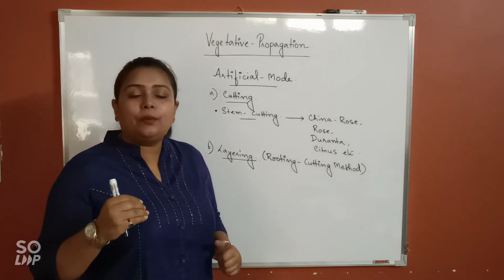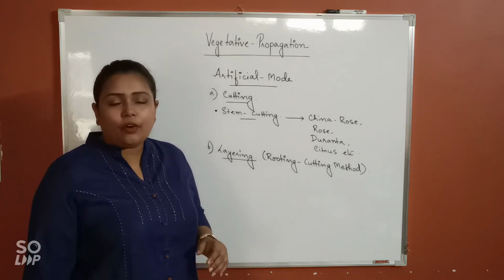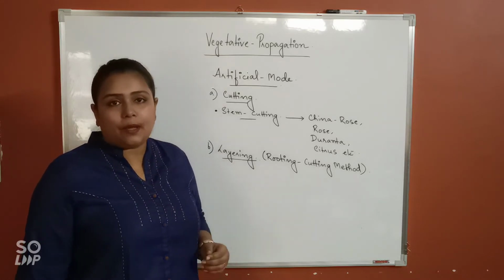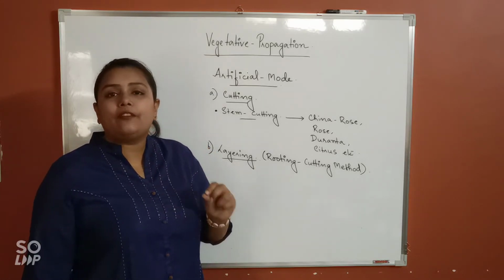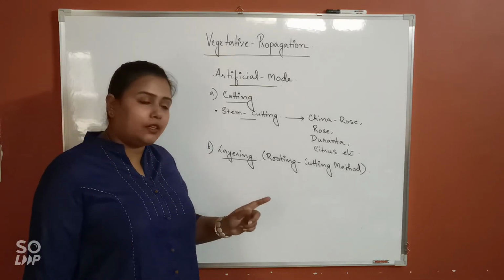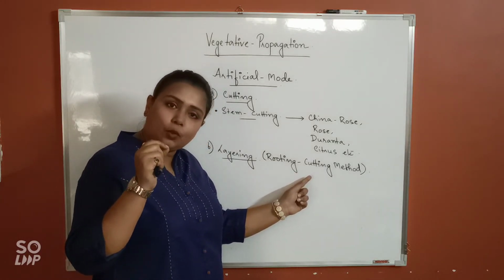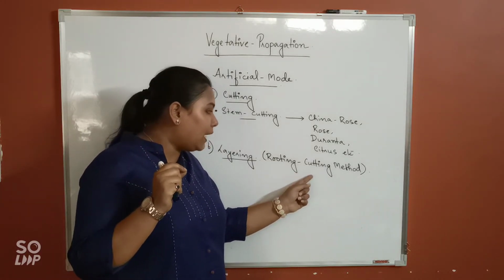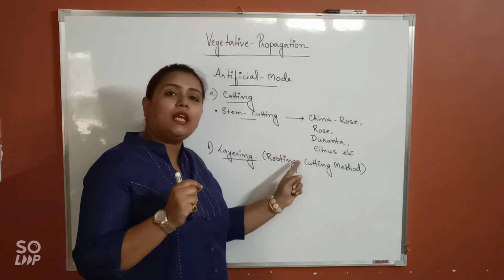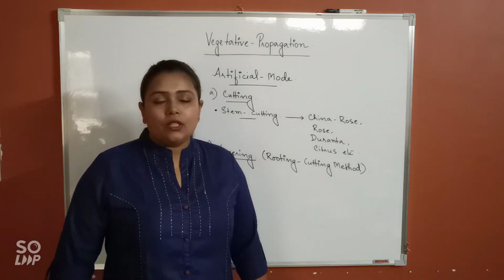This wounded part is then pegged down into the soil and left for a few months. As time passes, certain adventitious roots arise from that wounded part. So what we are doing here is cutting a part of the stem, the lowermost branch, so that it will be induced to form roots. That's why we call it the rooting cutting method. So that is all about layering.